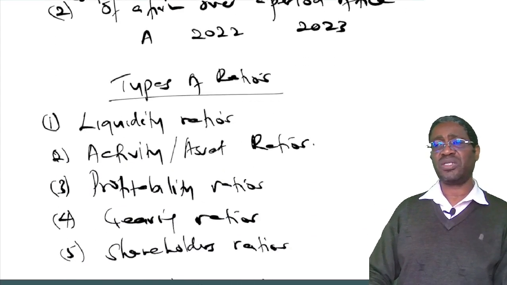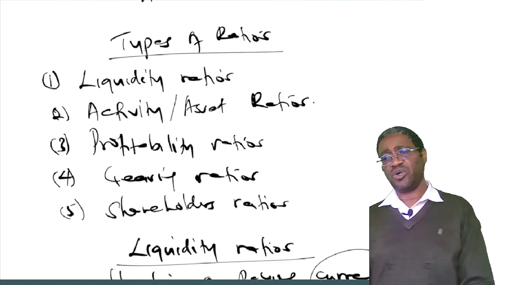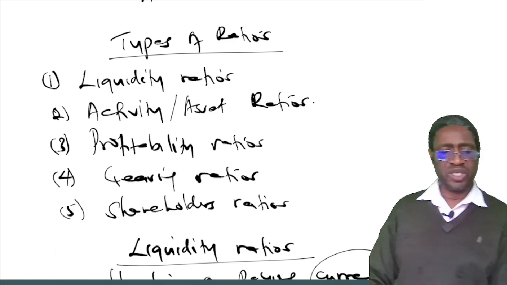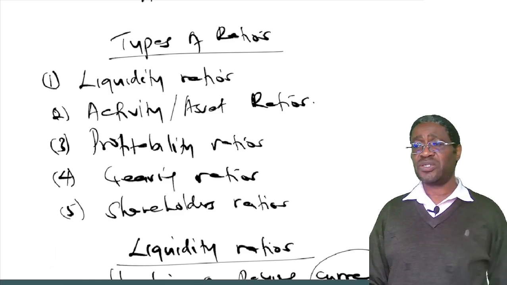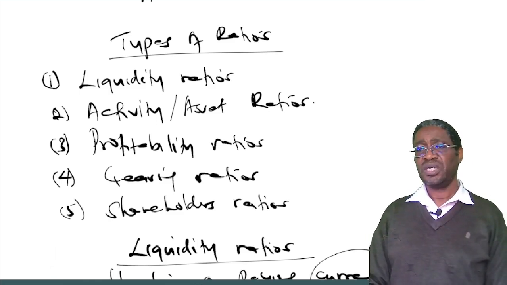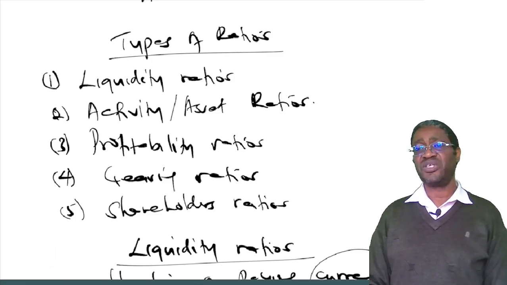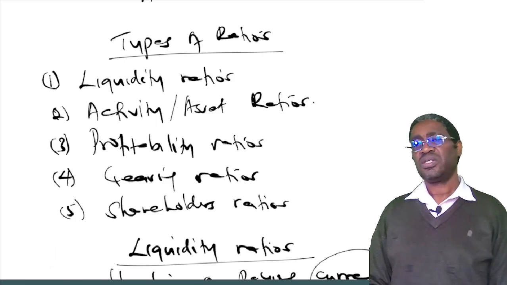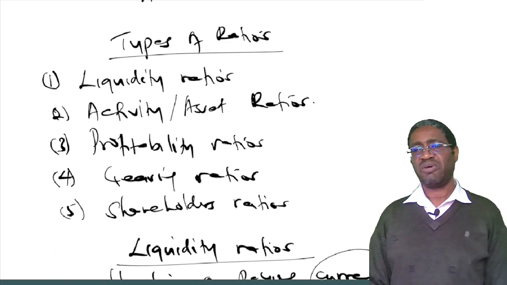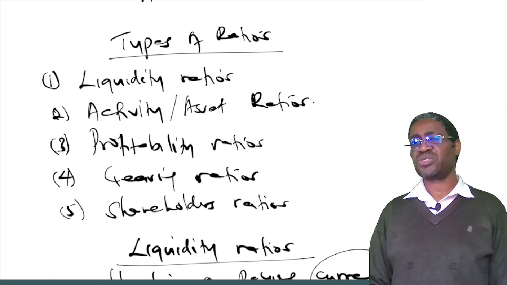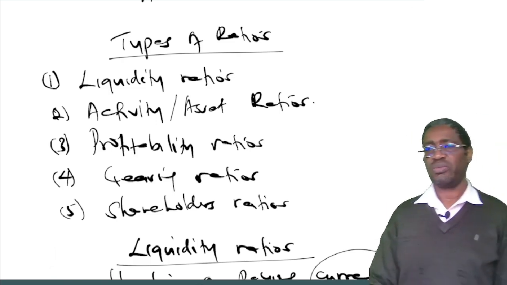Now we can go to the next subtopic, types of ratios. Let's quote them as they are. Number 1, liquidity ratios.